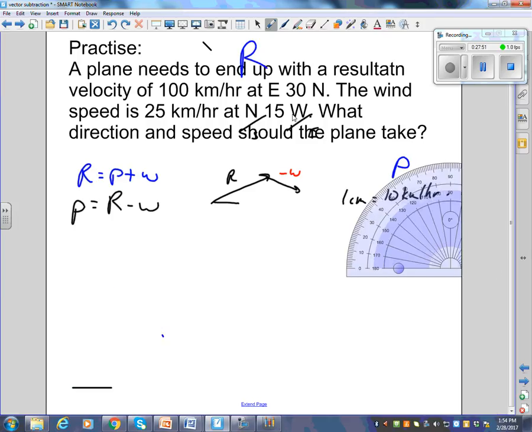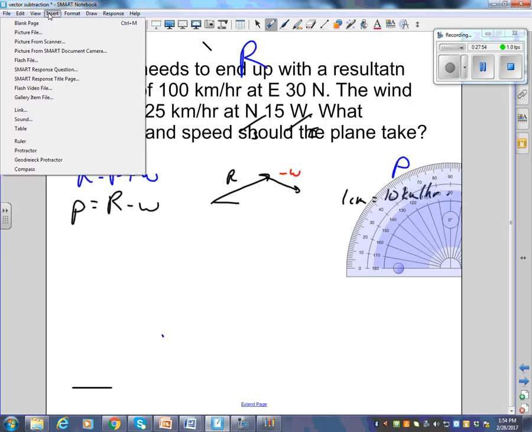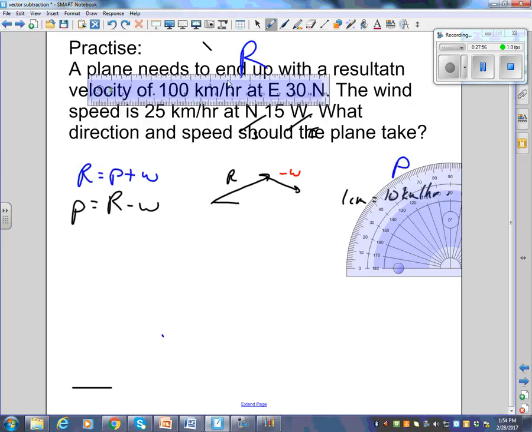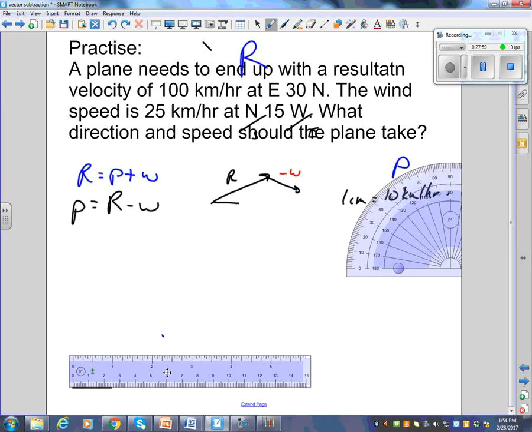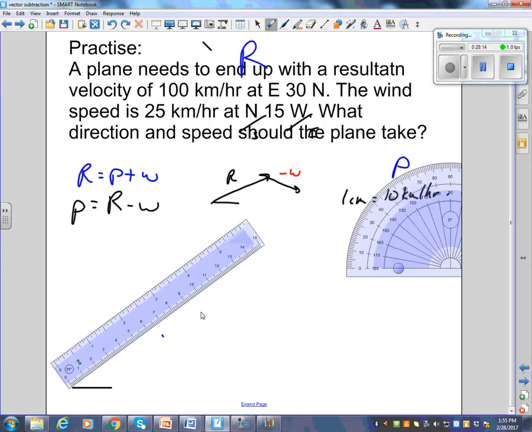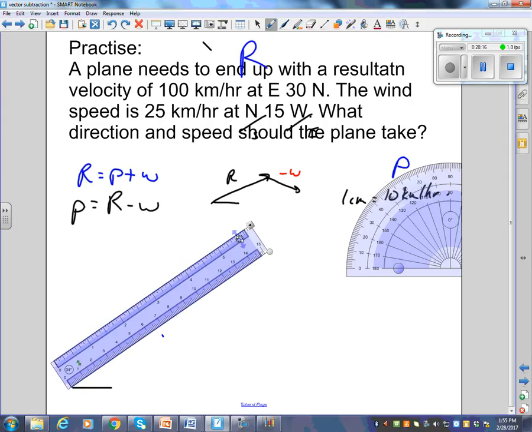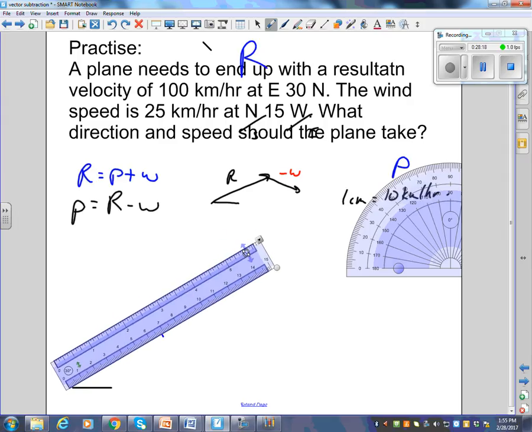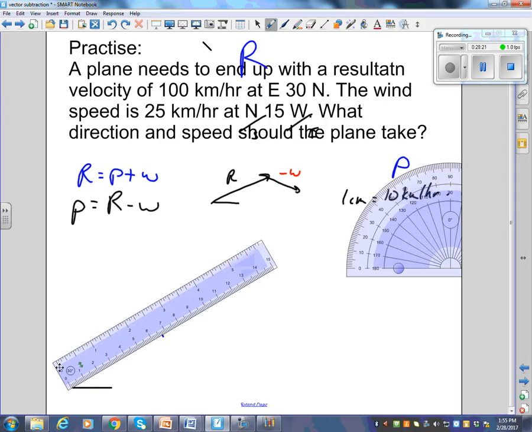Okay, how far? 100. So that means I got to go 10, right? Ruler. Oh, this is so much easier with paper. Okay, I got to go all the way to 10.